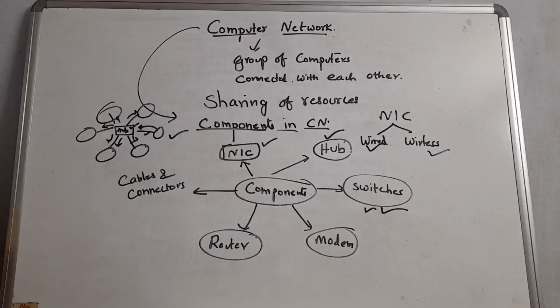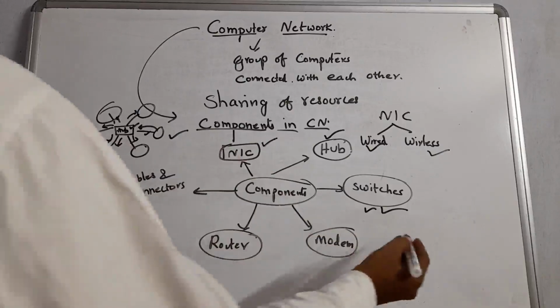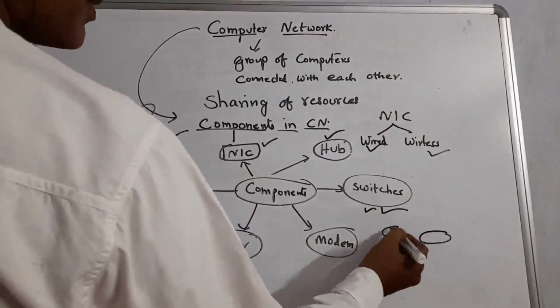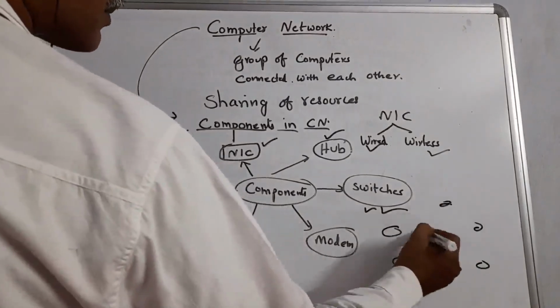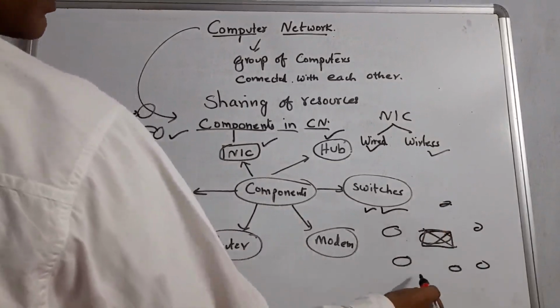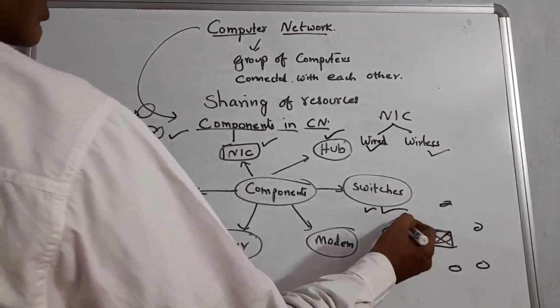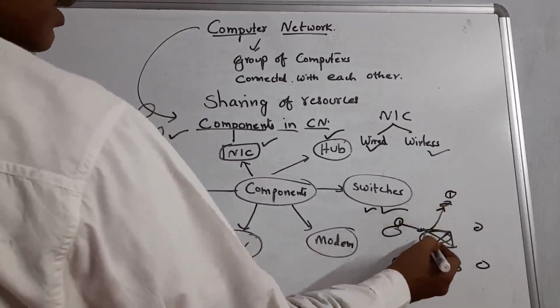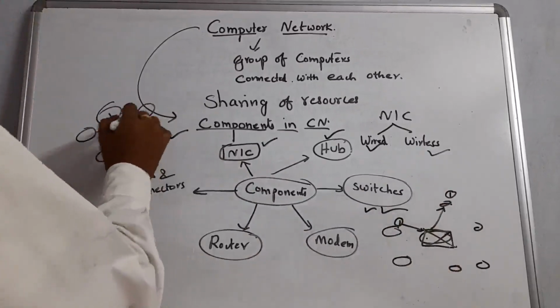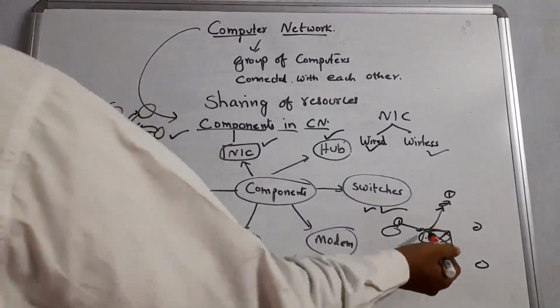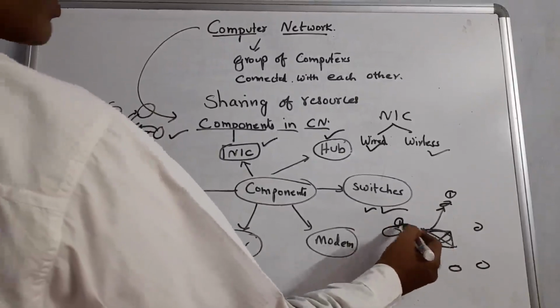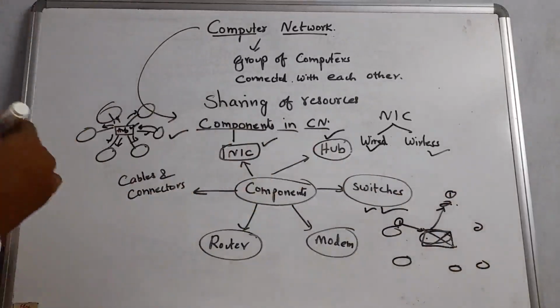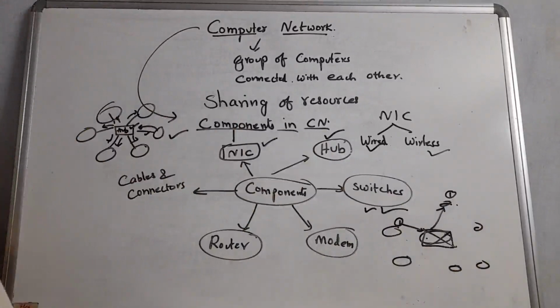Therefore, a switch sends messages directly from the source to the destination. We may have a switch and a number of computers like this. Whenever you want to send data from one computer to another, we can send it directly. In the case of a hub, it does broadcasting, but a switch directly sends from one device to another device. That is the main difference between a switch and a hub.